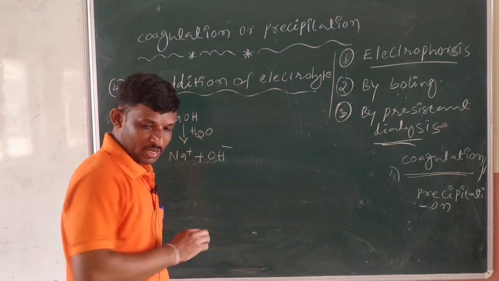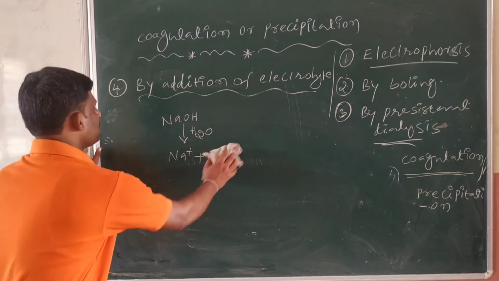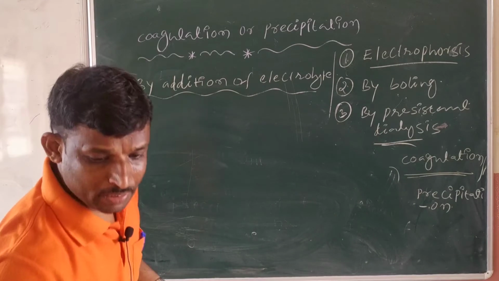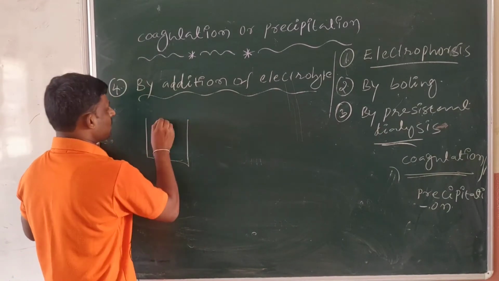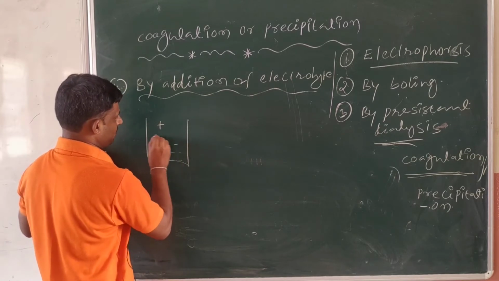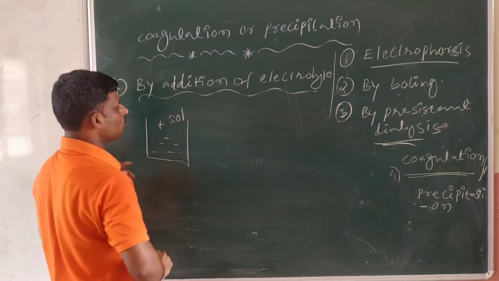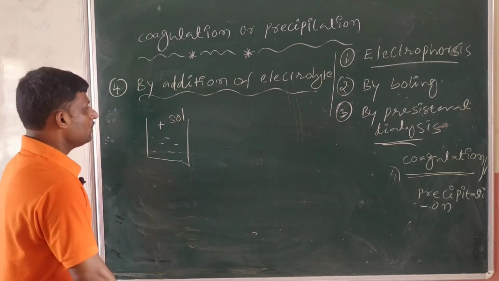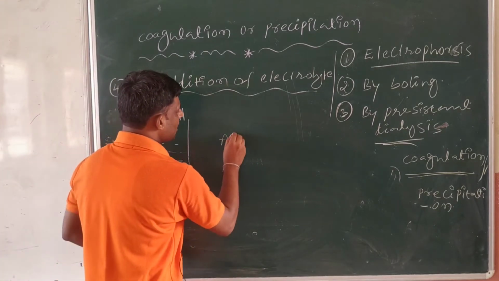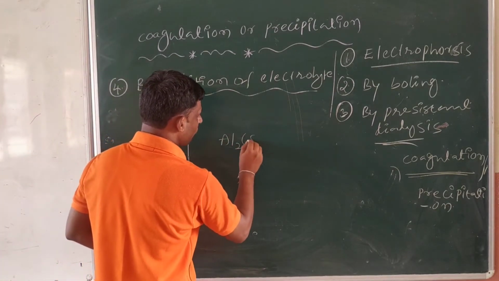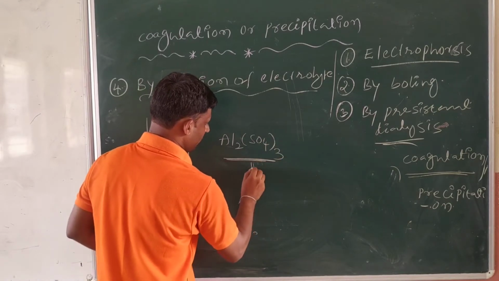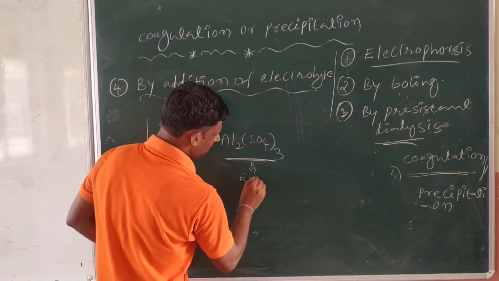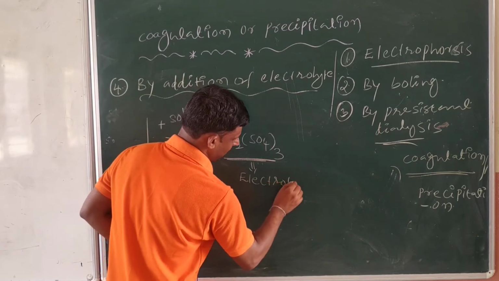For example, take a positive sol, a positive colloidal solution. Let me take Al2(SO4)3 as the electrolyte. Are you getting my point?